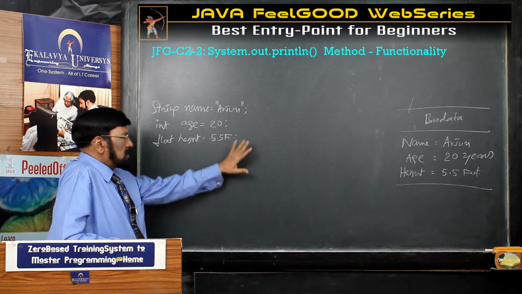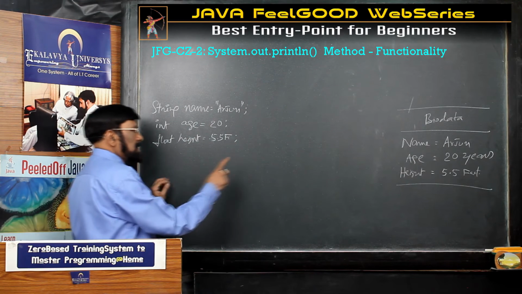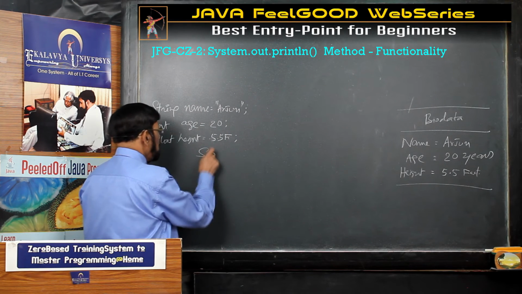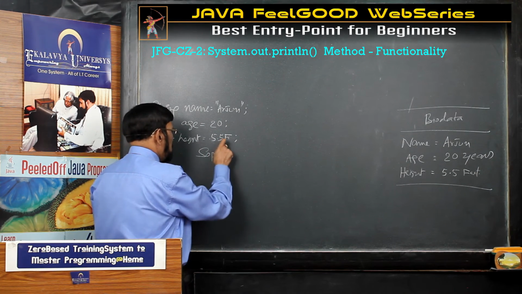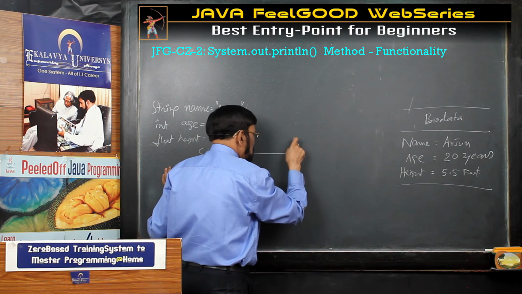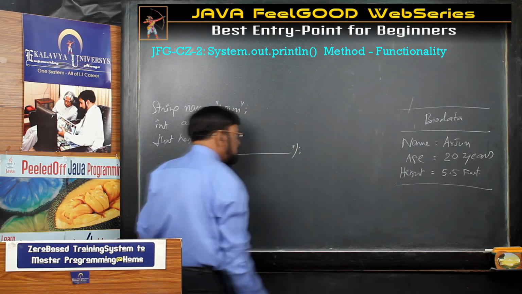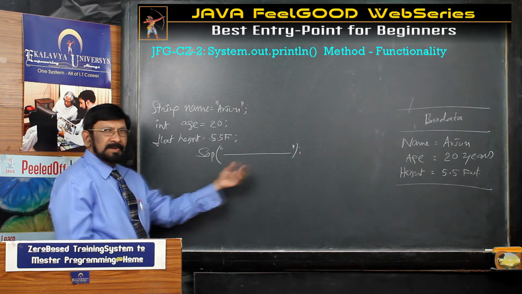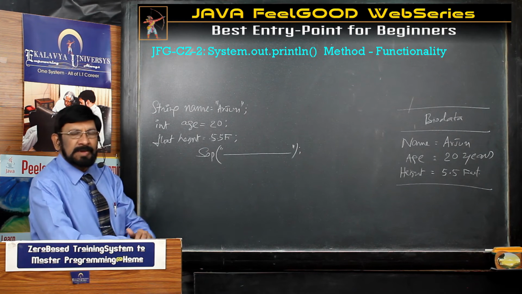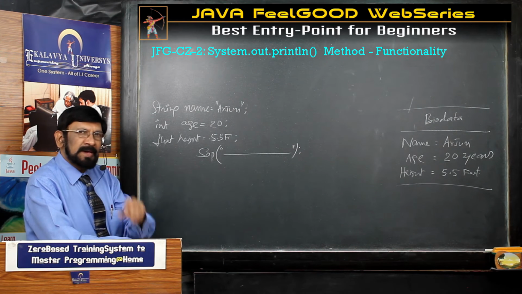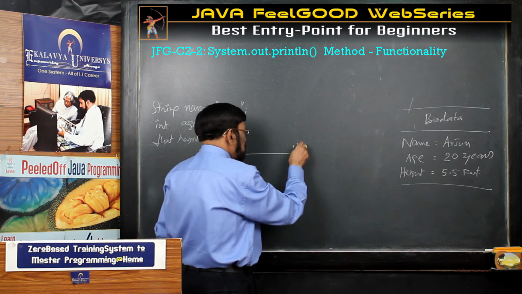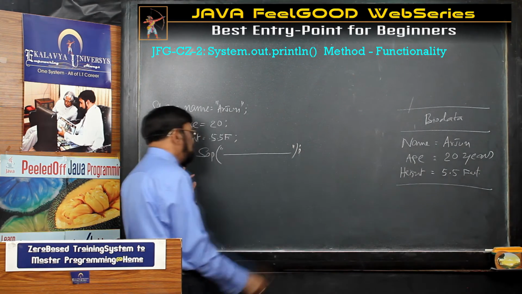Now I write the SOP statements. With reference to this, you can easily grasp SOP. First thing is just a line. A line is a string. Don't think that only letters are strings. To draw a line you write dashes. Dashes are also characters, even spaces are also characters. That point you have to understand. At the end of that, don't forget to terminate with a semicolon.